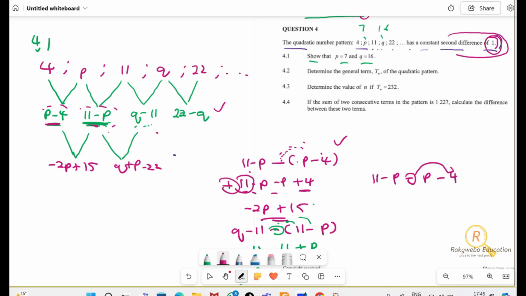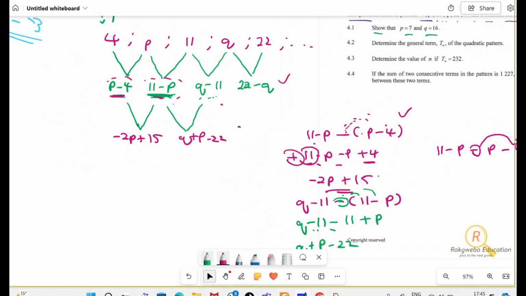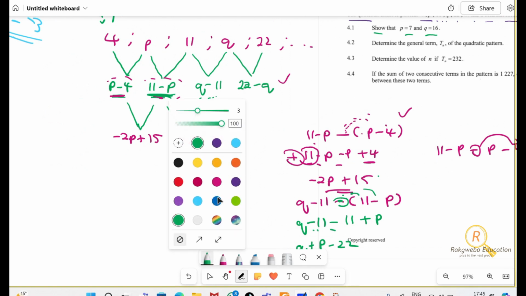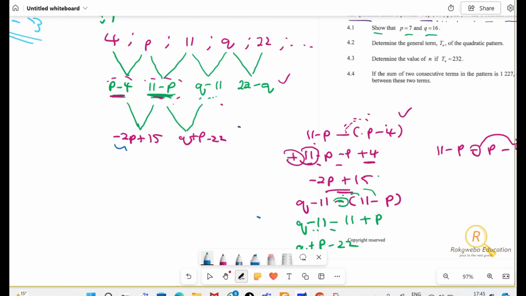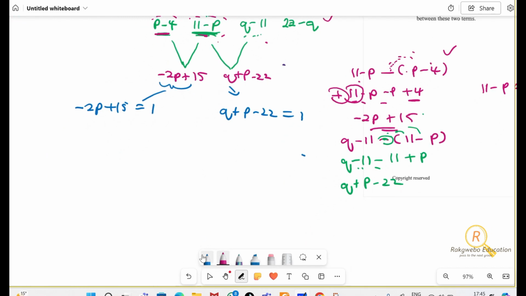So that means this part over here, minus 2P plus 15, is equal to 1. It also means that Q plus P minus 22 is also equal to 1. So now we can solve these two equations simultaneously to find the values of P and Q.